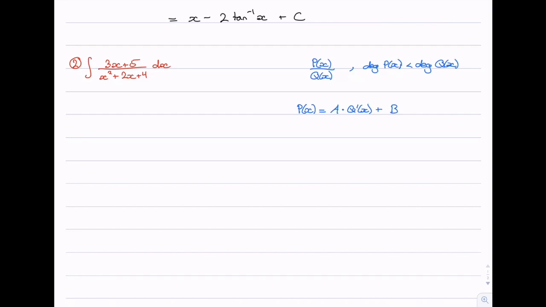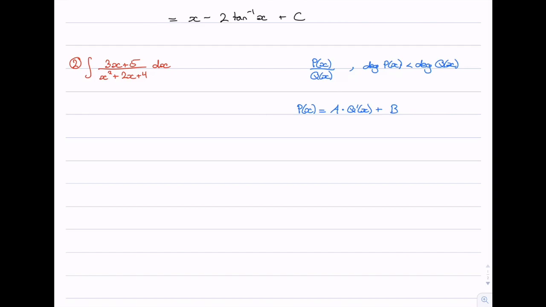The reason it has to be another constant is because we want all the x terms in the numerator to be included in this first term, a times q dash of x. And you can see that when we divide by q of x, the logarithm is going to come from a times q dash of x divided by q of x. Okay, because that's the form of a log. When we integrate a rational function where the numerator is the derivative of the denominator, that's going to give the log.